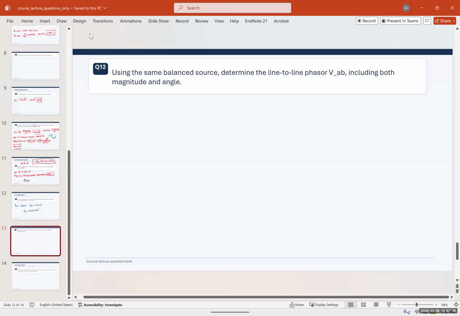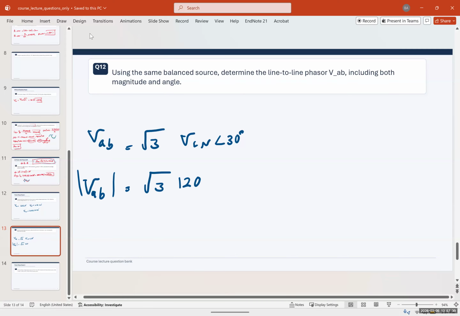Okay. So VAB is going to be equal to square root of 3 VLN with an angle of 30 degrees. VAB, the magnitude only, is going to be square root of 3 times 120, which gives us 207.85 volts.